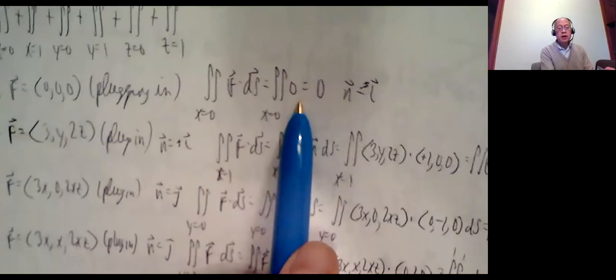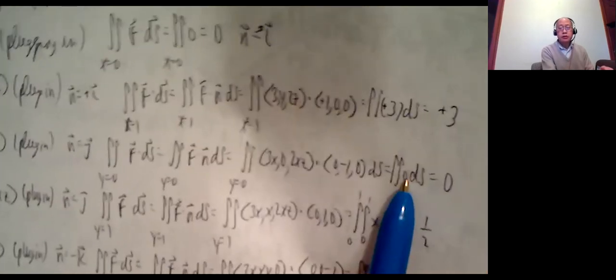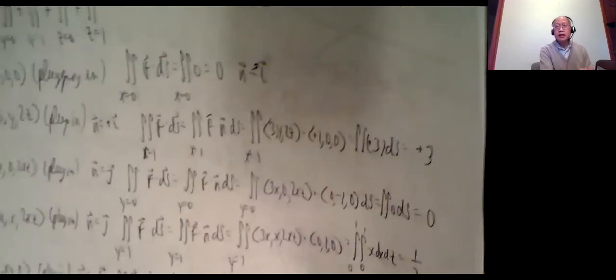Okay, so far I've got 0 going out toward the back, 3 units going out the front, 0 going out the left. And you can think of this as flow of anything, flow of water, flow of heat, flow of electricity.